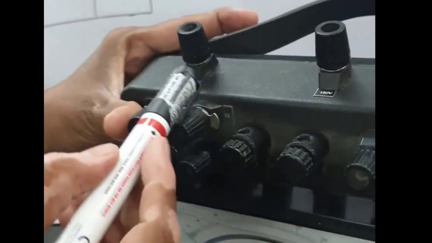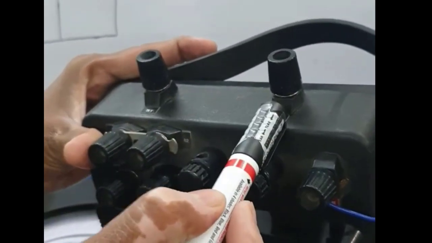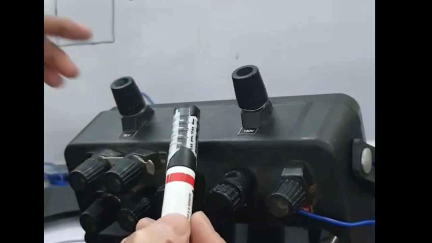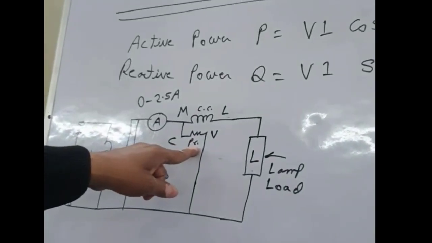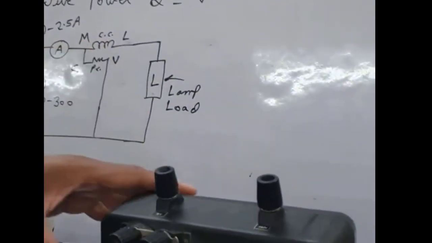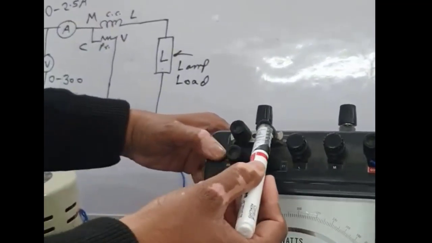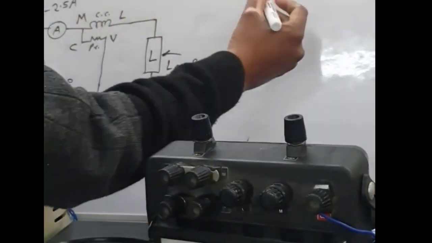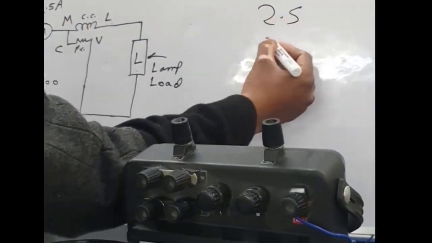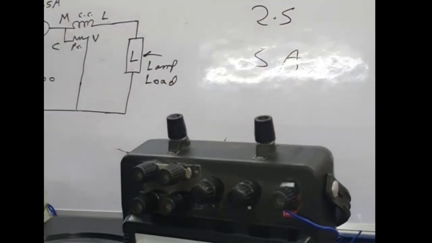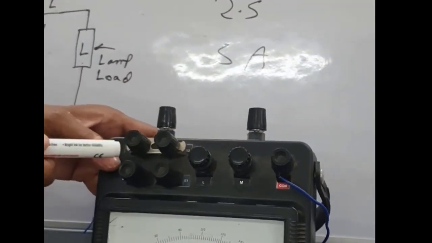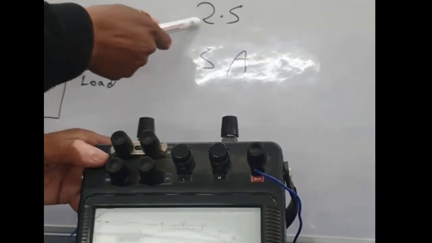These are 2 V terminals, 75 and 150. In this experiment we are using 150 volts as the range of the pressure coil. Pressure coil and the current coil plates are this. The current coil has dual range, one range is 2.5 ampere and the second is 5 ampere. Suppose we keep this plate in the horizontal position, in that case the range is 2.5 ampere.